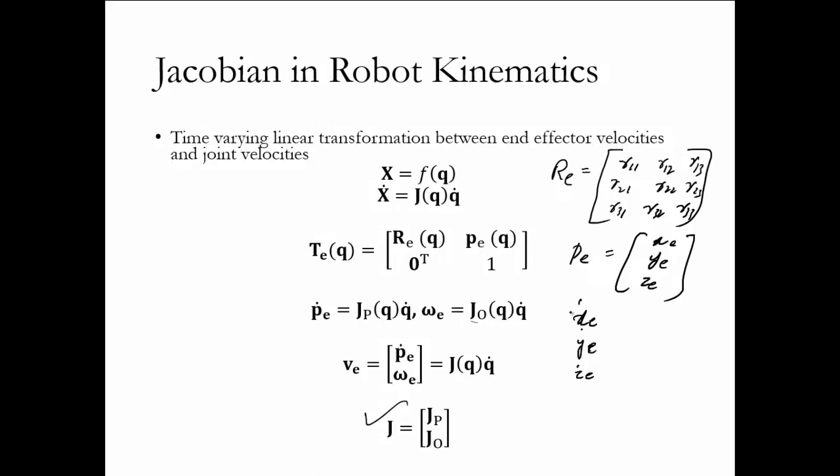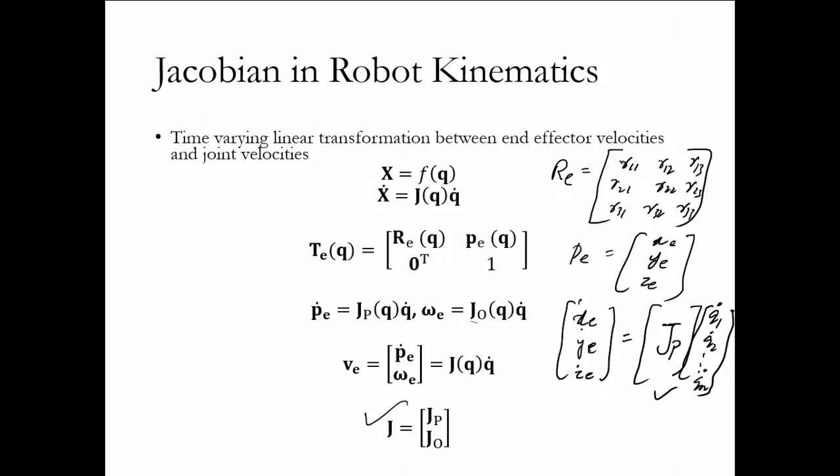Right. We'll get this is equal to some Jacobian matrix JP, which is a function of joint velocities q1 dot, q2 dot up to qn dot, for example. So okay, there is no problem.